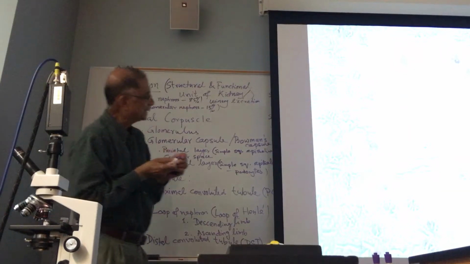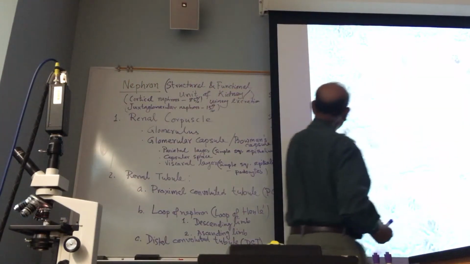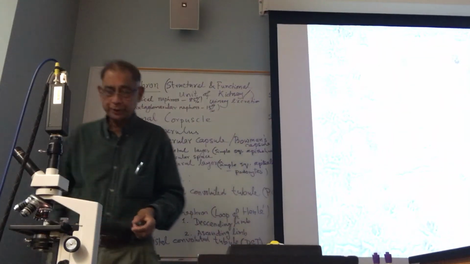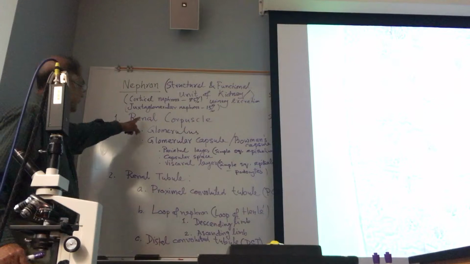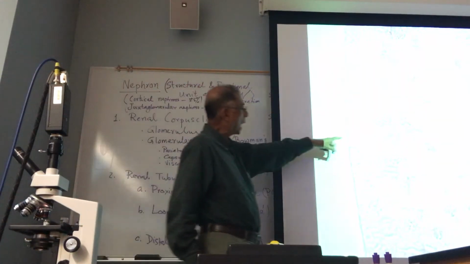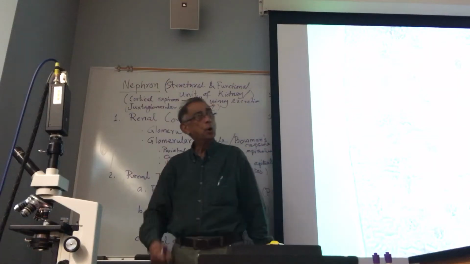So here, these nephrons are juxtaglomerular nephrons, and these nephrons are cortical nephrons. Most of the parts of the nephron are located in the renal cortex. You will find it in your book also.